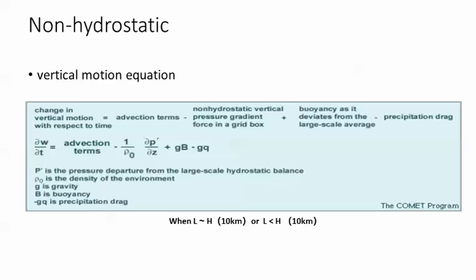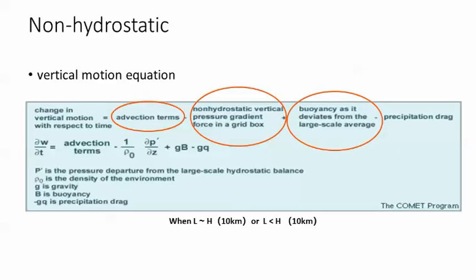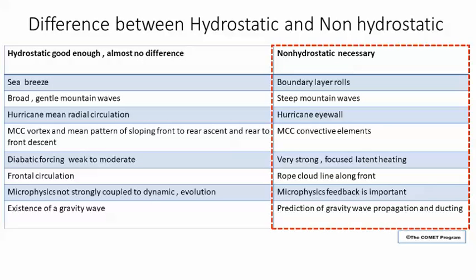Changes in vertical motion from one time step to the next in a grid box are caused by advection terms, the non-hydrostatic vertical pressure gradient force in a grid box, buoyancy, and precipitation drag. Let's look at the differences between hydrostatic and non-hydrostatic models.